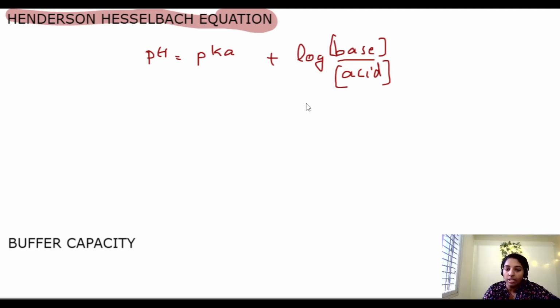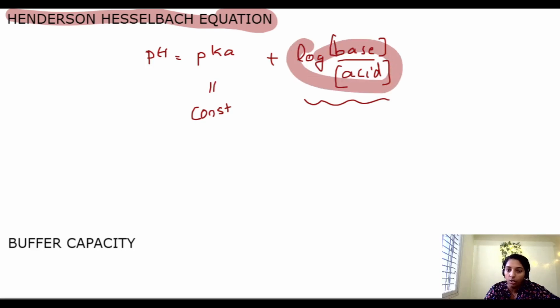So in this case, see what happened? pKa is always a constant, because for a weak acid there is a Ka value, and its negative logarithm is always constant, right? So if this ratio changes, then pH will also change, correct? As long as the log of base over acid remains about the same, pH also remains the same.